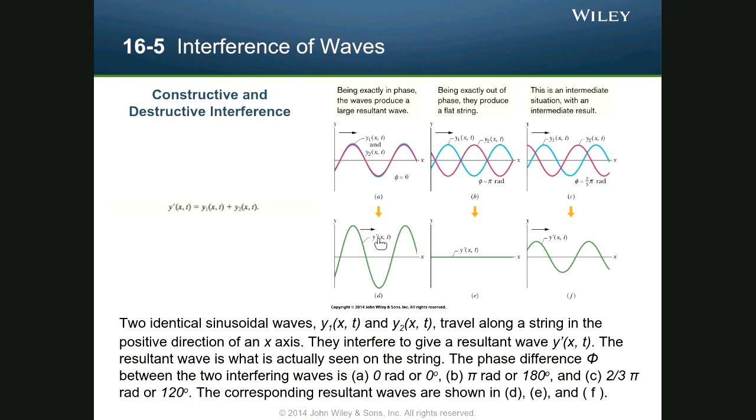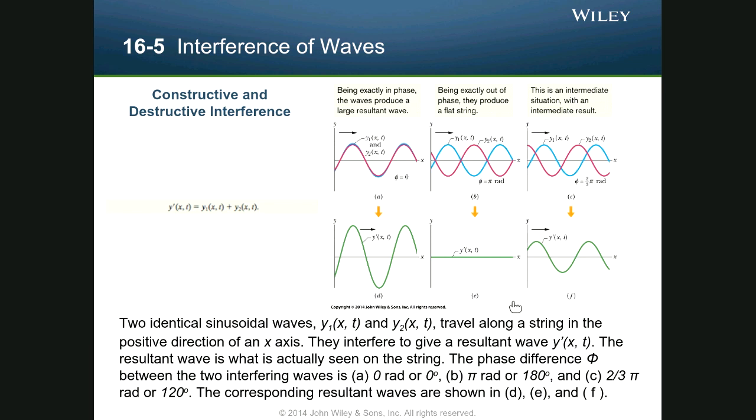In this case we're looking at 2 waves. The sign will remain the same within the phase because both waves are traveling the same direction here. And we're just looking at snapshots. So when it says here that 2 identical sinusoidal waves travel along a string in the positive x direction, they interfere to give this resultant wave.